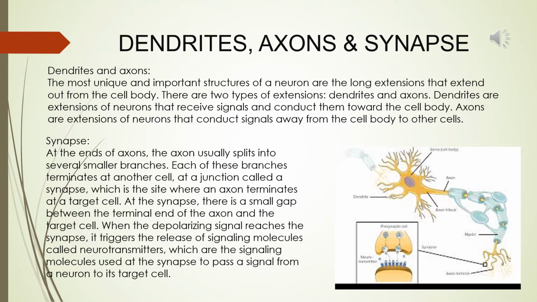When the depolarizing signal reaches the synapse, it triggers the release of signaling molecules called neurotransmitters, which are the signaling molecules used at the synapse to pass a signal from a neuron to its target cell.